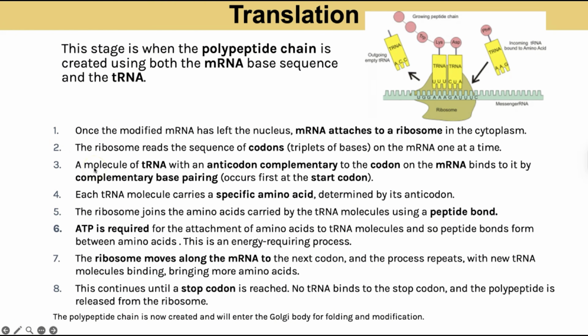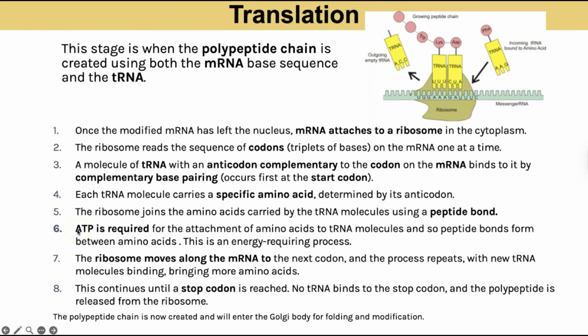Mark number 3, always going to be a mark: a molecule of tRNA has an anticodon complementary to the codon on mRNA, and that's due to complementary base pairing. Number 4 is always a mark: each tRNA molecule carries a specific amino acid, and that is determined by the anticodon. The ribosomes will then join those amino acids, and a peptide bond forms between the amino acids.